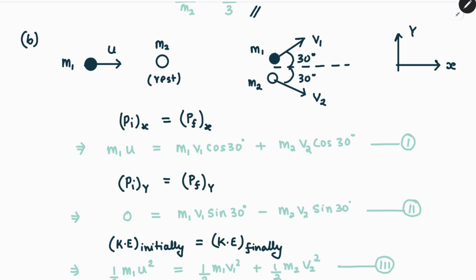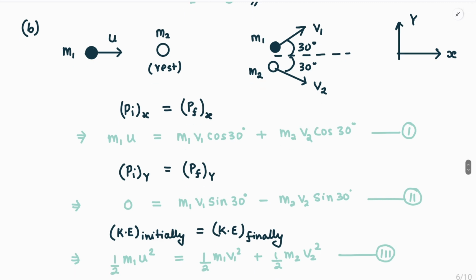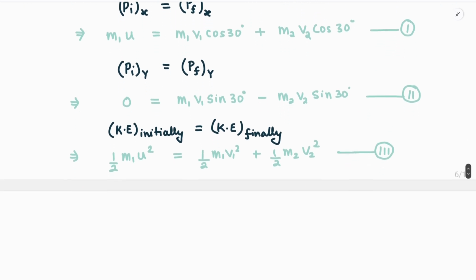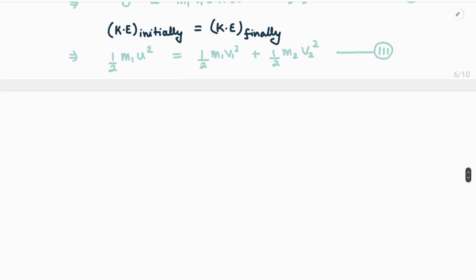Now if we solve these three equations, which can be simply done by substitution, we obtain the ratio m1 by m2 equal to 2. So this is the second part of the problem, and this is the complete solution for problem number 1.169.